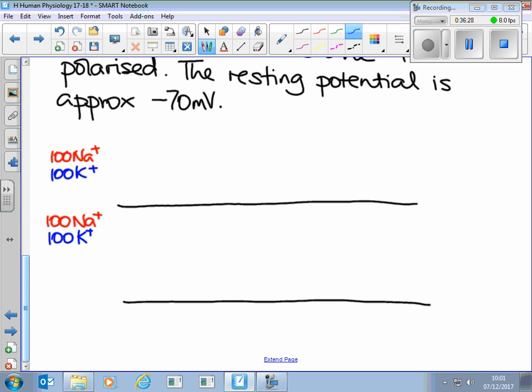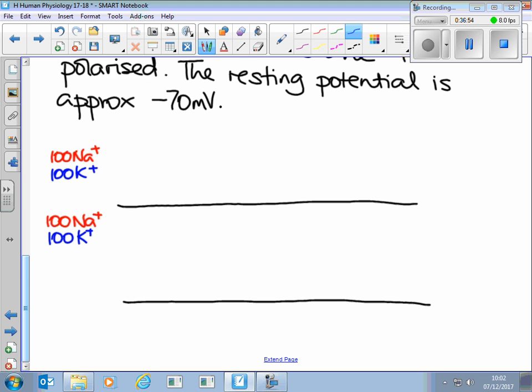Total charge outside is 200, same inside. So there's no potential difference, no voltage at this point, so the ions are not going to move on their own.